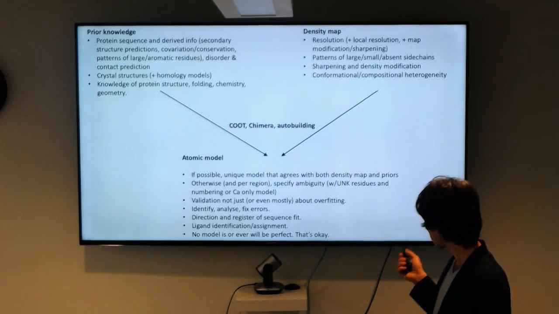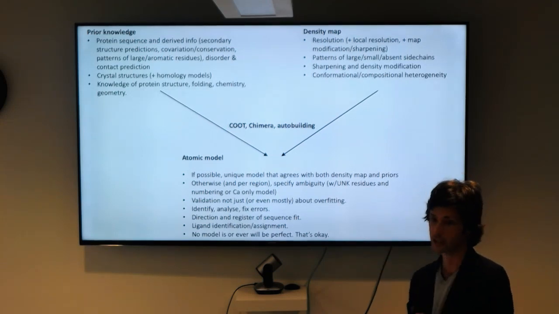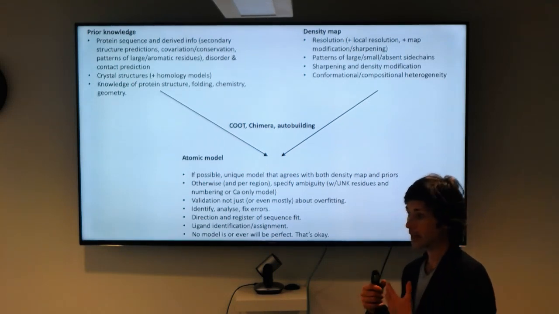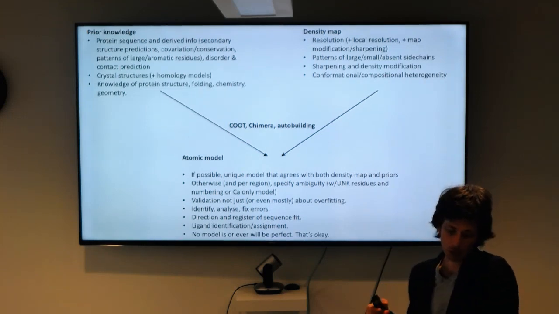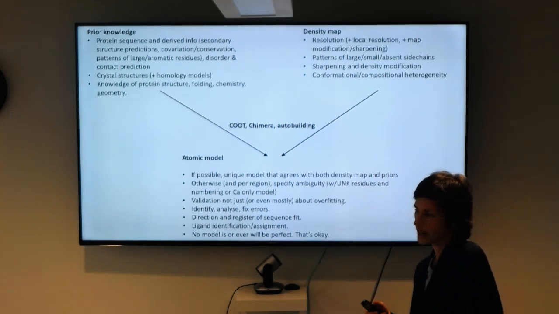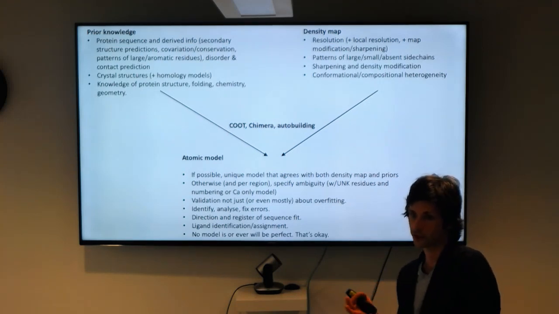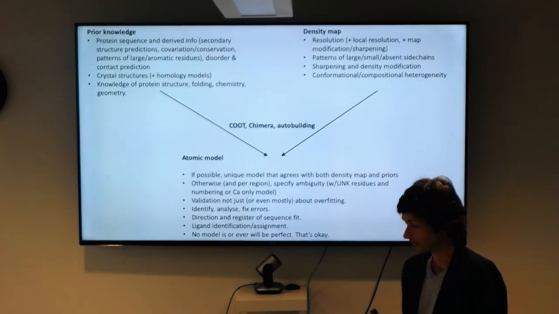So we want to take all of that information and combine it to get a unique model that agrees with both sets of information. And if you can't do that, then you should specify that ambiguity. So don't build sequence where you can't justify sequence placement. Leave residues as unknown if there is ambiguity about the sequencing, and that's totally fine.